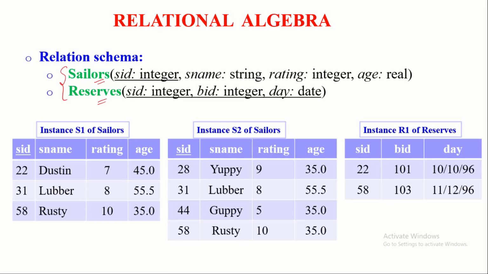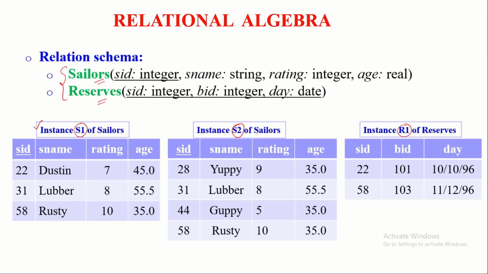The Reserves relation has three fields: SID, BID, and day, and their domains are integer, integer, and date. Based on these relations, the S1 instance and S2 instance of Sailors and the R1 instance of Reserves are taken.